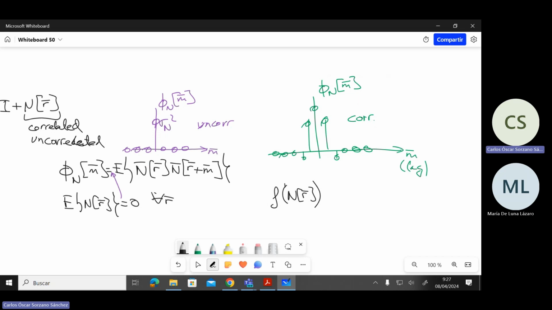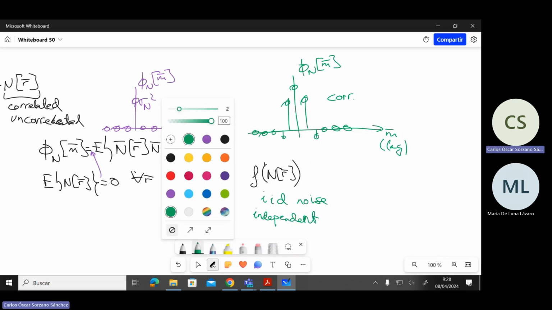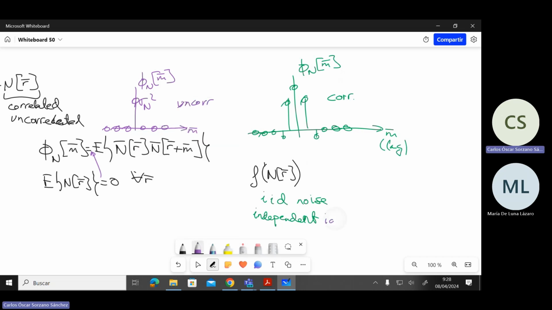Okay. So when you say IID noise, you are saying independent, and identically distributed.